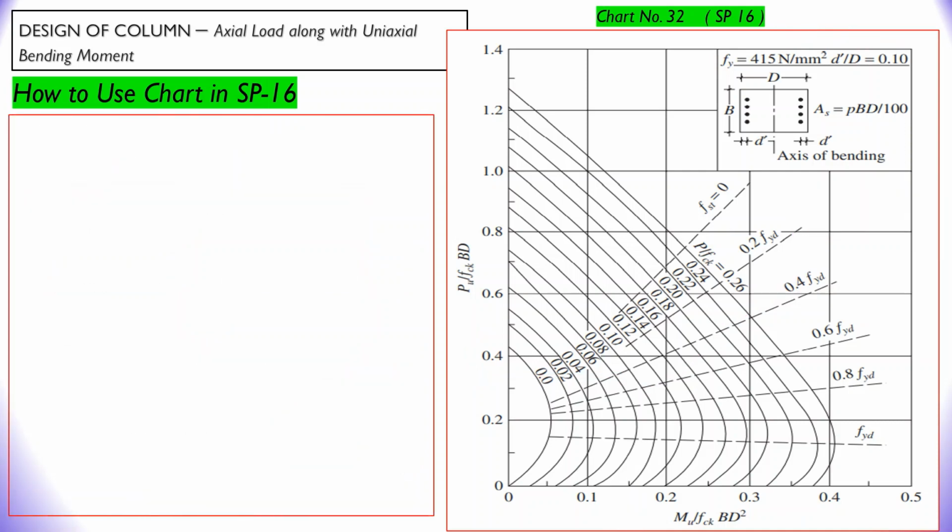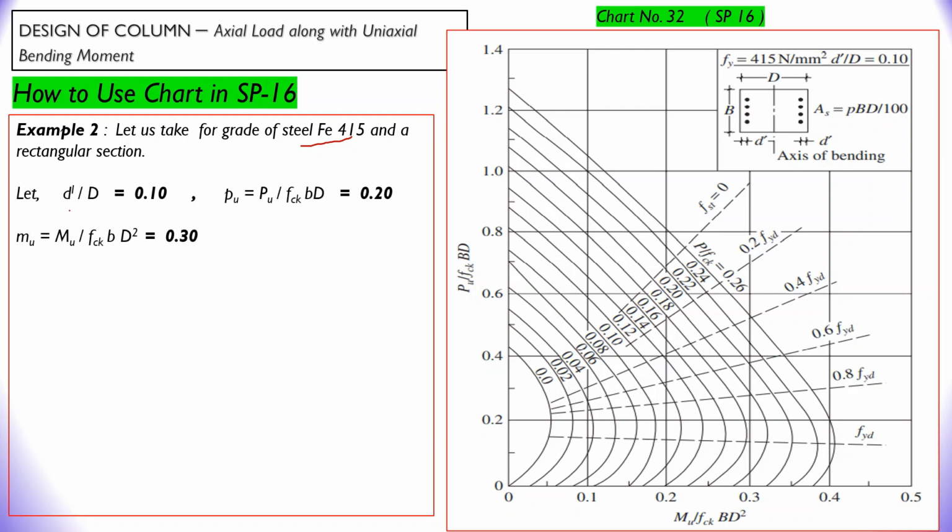Now let us consider another example. Suppose again grade of steel is 415 and the section is a rectangular section. But now you can see here d dash by D ratio is 0.1, small pu ratio is 0.2 and small mu ratio is 0.3.